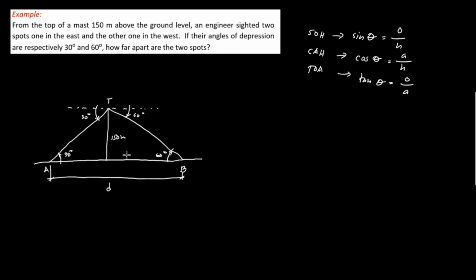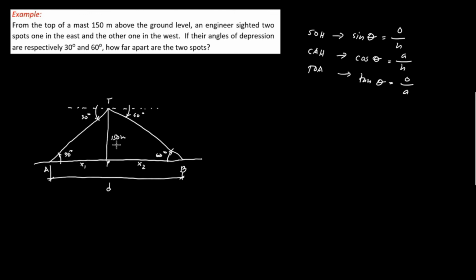We will now find the total distance of A to B by using the first triangle, and designate this as point P. So we have two triangles, APT and BPT, and from A to P this is x1 and P to B is x2, with the height of 150 meters.